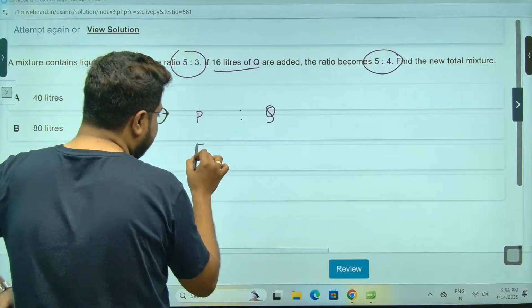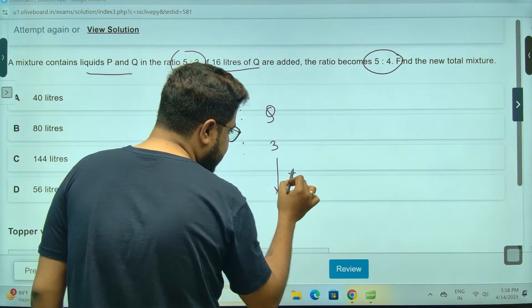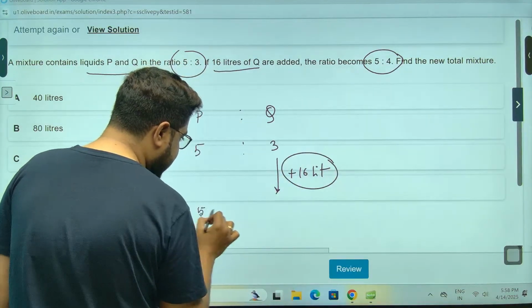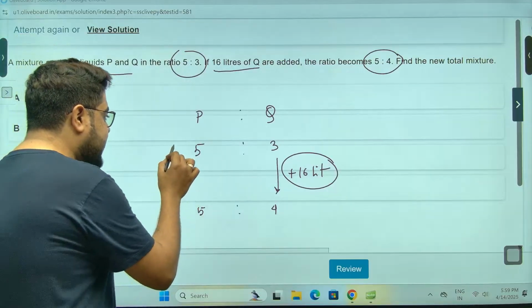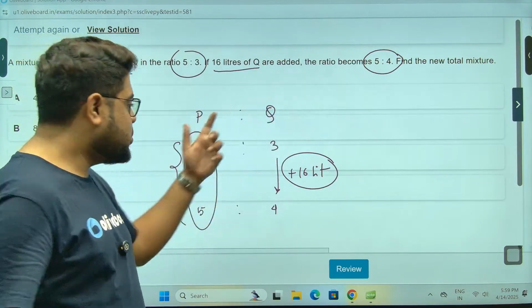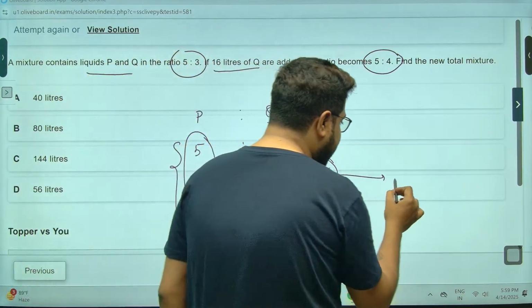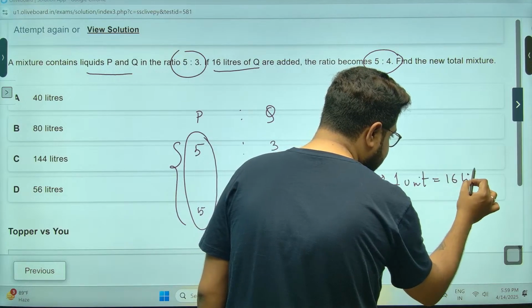Now we have added 16 liters of Q, and the ratio has become 5:4. Please understand why it's a good ratio: we have not added any P, so the P value has not changed. That allows us the luxury of saying 1 unit is directly equal to 16 liters.